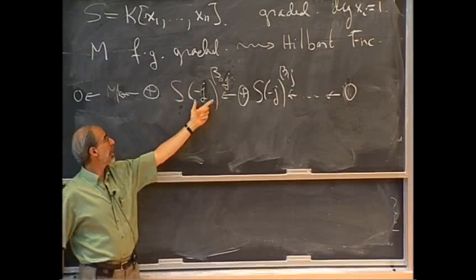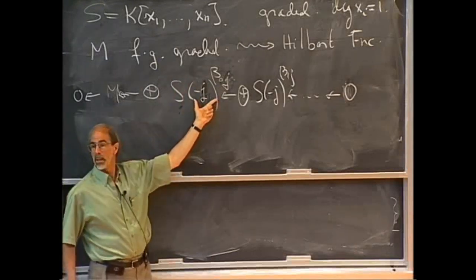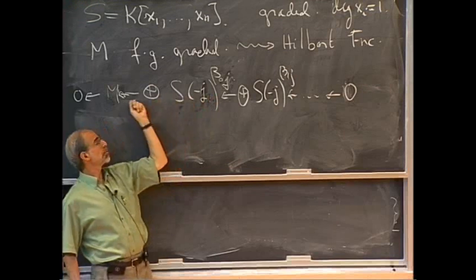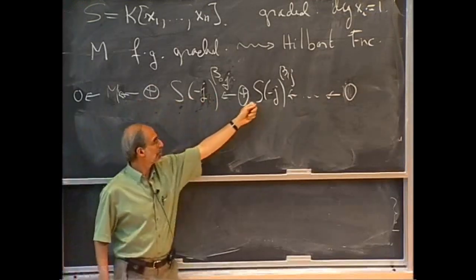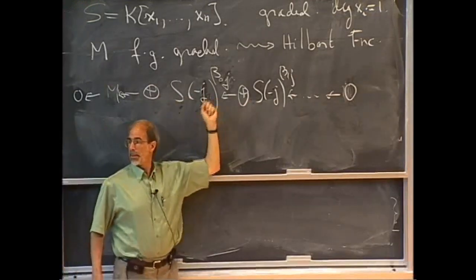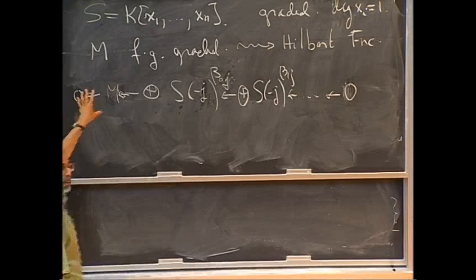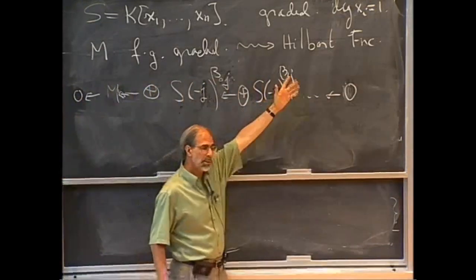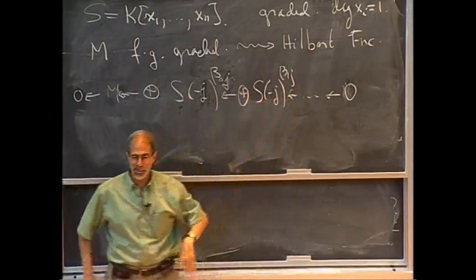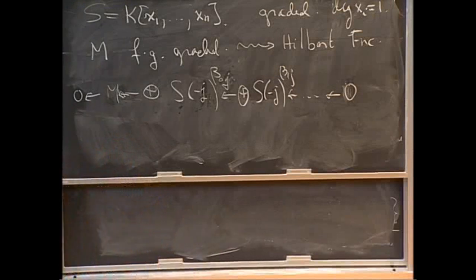But if at every stage I chose the minimal number of generators required, the minimal number of generators of M, the minimal number of generators of the kernel, then it's a pretty easy theorem, coming from Nakayama's lemma, that the answer I get is unique up to isomorphism, up to non-unique isomorphism, unfortunately. And that's why the derived category exists, to fix that problem. But we don't have to go there, and I don't intend to.